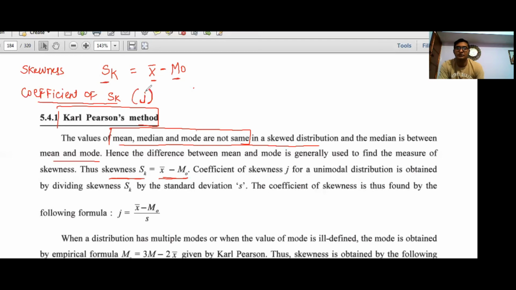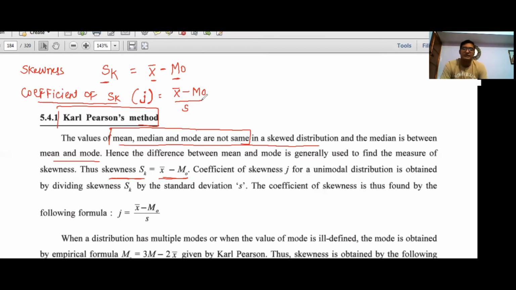Small j stands for the coefficient of skewness. The formula is x bar minus Mo divided by s. Again, x bar stands for mean, Mo for mode, and s stands for standard deviation.